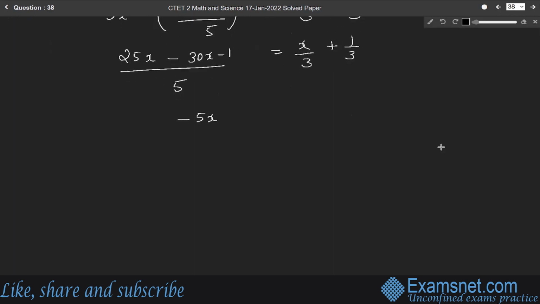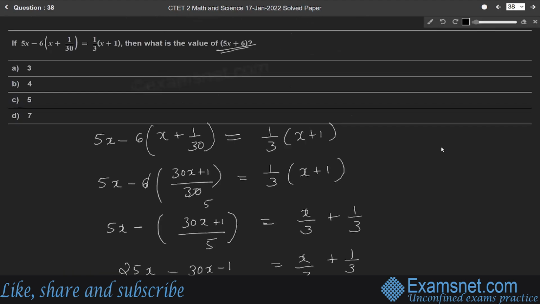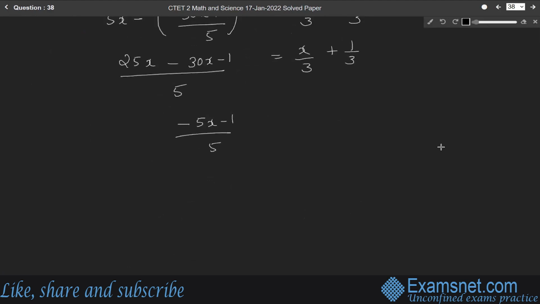minus 5x minus 1 by 5 is equal to, or we can take x to the LHS part, x by 3 minus x by 3 is equal to 1 by 3. So again, the LCM of 5 and 3 is 15.